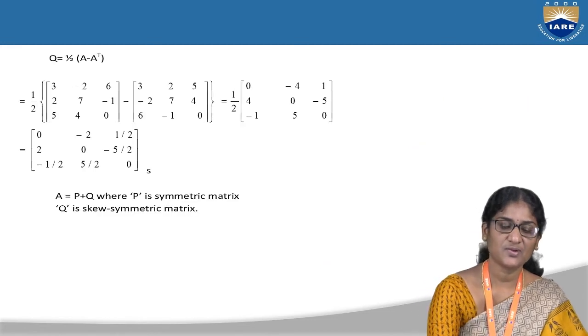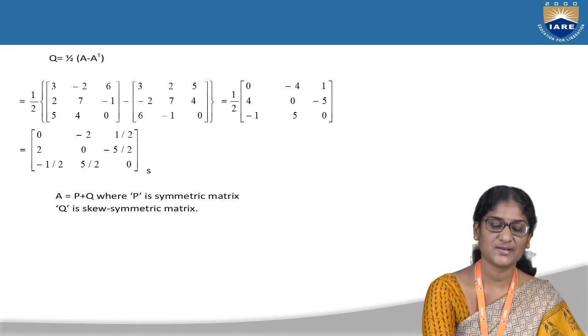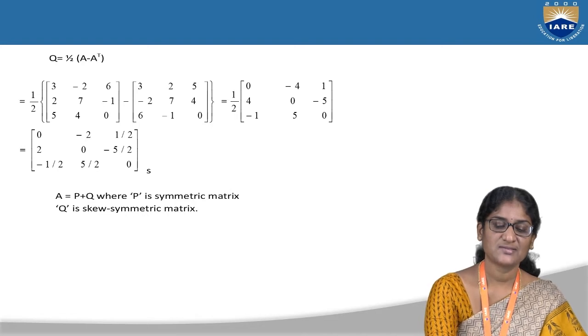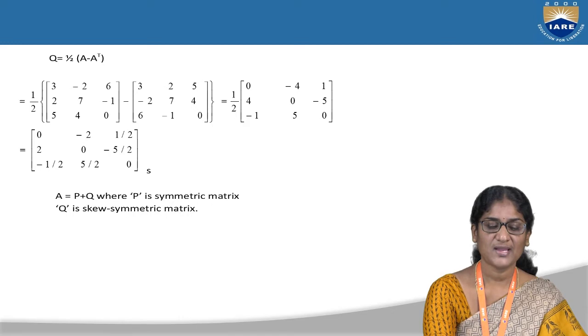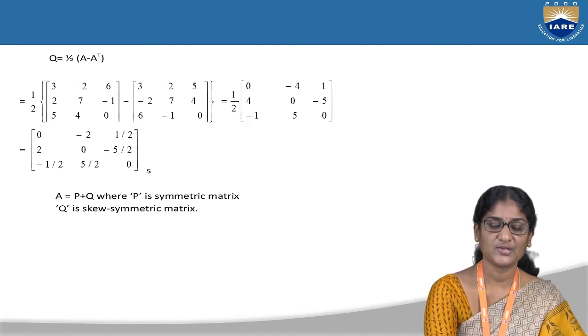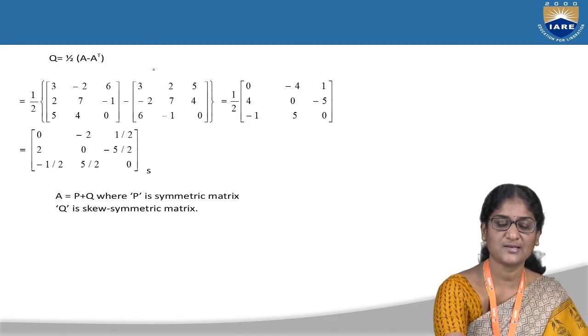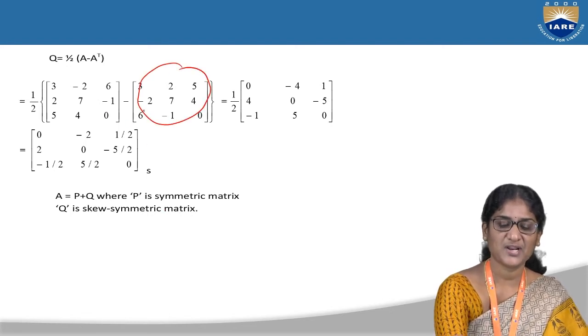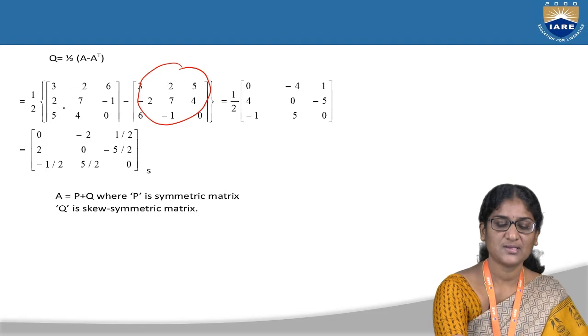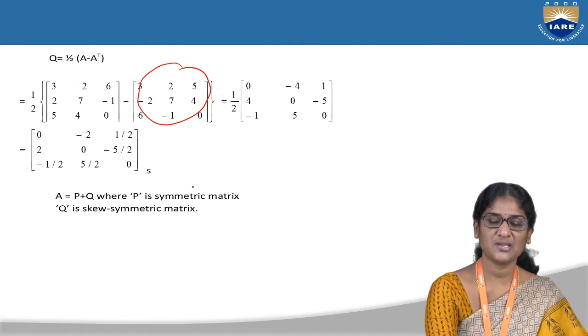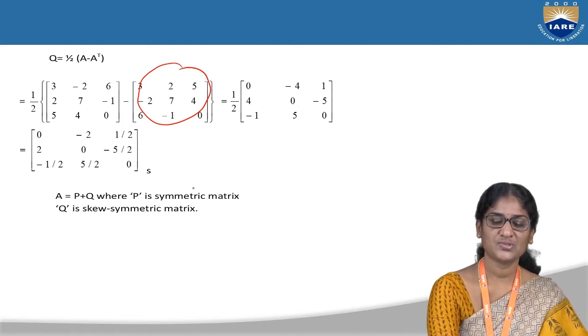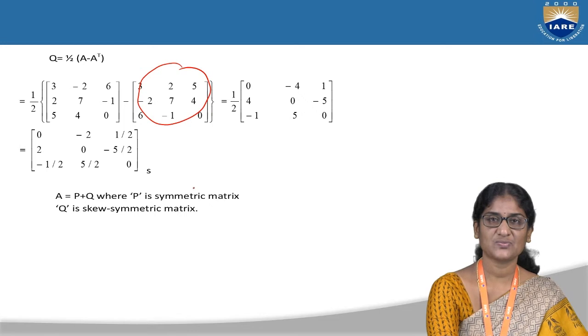Similarly, you can work out the skew-symmetric matrix just by subtracting A transpose from A and dividing by 2. So A minus A transpose divided by 2. I have already calculated A transpose in the previous slide, so I have just subtracted these two. I have 3, minus 2, 6; 2, 7, minus 1; 5, 4, 0, subtracted with 3, 2, 5; minus 2, 7, 4; 6, minus 1, 0.